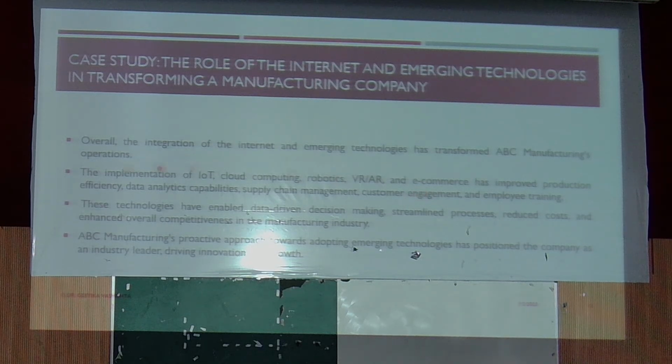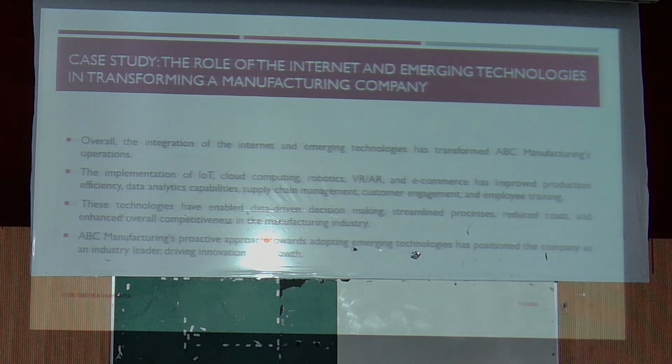Isn't it wonderful? So many things you are achieving these days. So these technologies have enabled data-driven decision making, streamlined processes, reduced costs, and enhanced overall competitiveness in the manufacturing industry. So ABC Manufacturing's proactive approach.